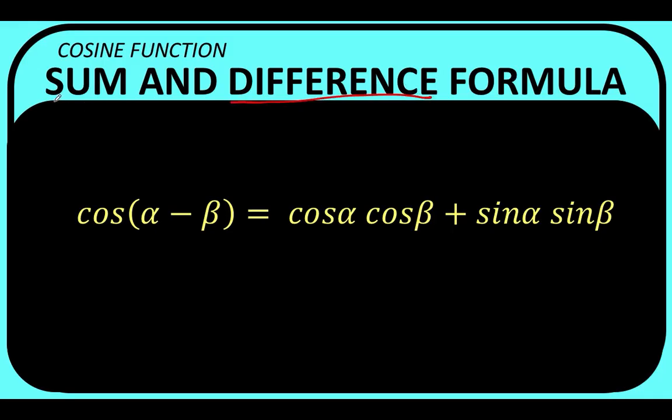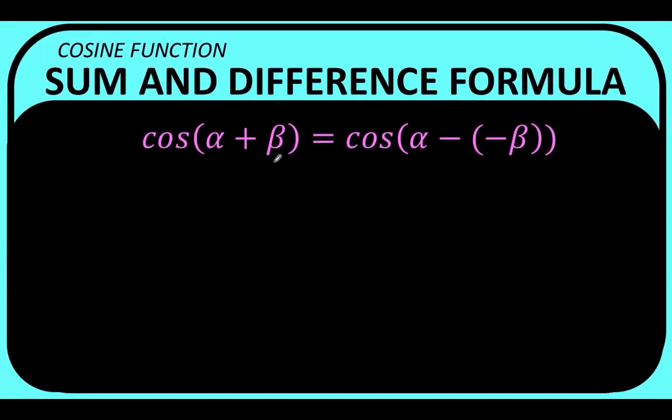Now we want also to find what is the sum formula for the cosine function. For the sum formula, since you already know the formula for the cosine of alpha minus an angle, what we're going to do is perform some algebraic trick. Subtraction is defined as adding the additive inverse. So if you write alpha minus negative beta, this is just the same as alpha plus the additive inverse of negative beta, which is positive beta.